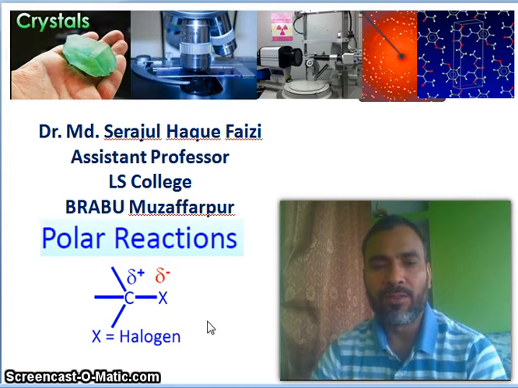Today in this video, I am going to explain about polar reactions. What are polar reactions? You know the polar bond. In the previous lecture and video, I explained about covalent bonds. You know, a covalent bond is formed by sharing of electrons.